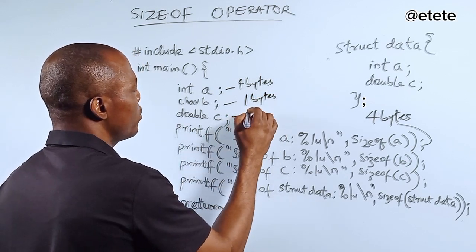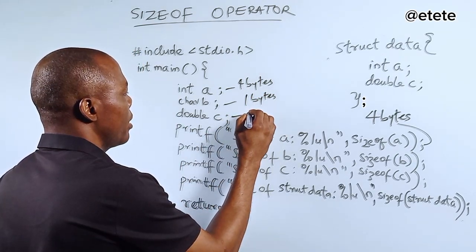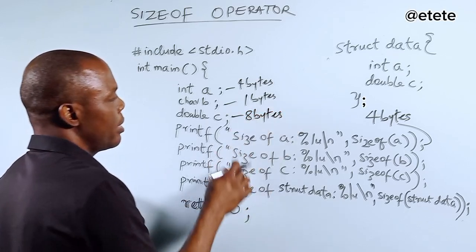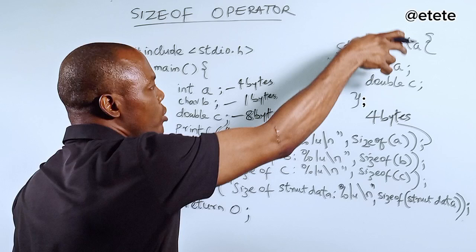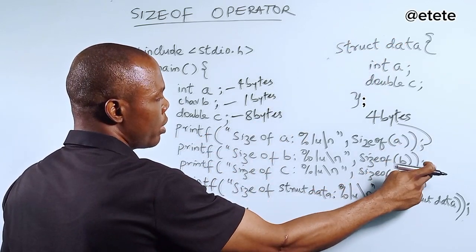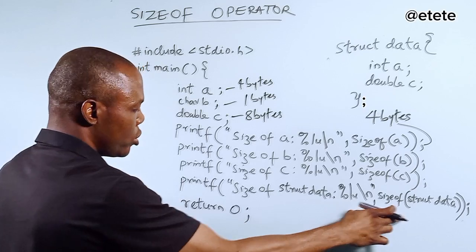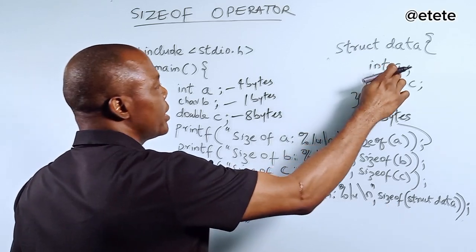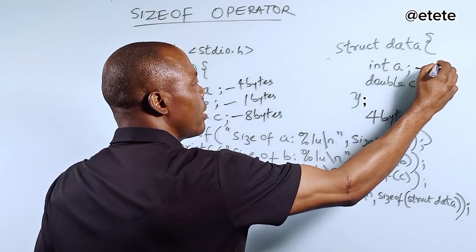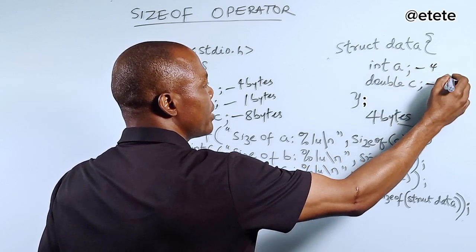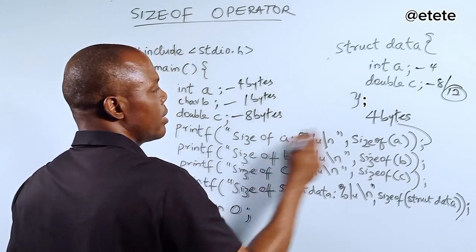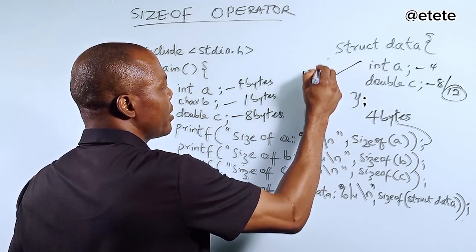Then this double will give me 8 bytes on my system, right? Now, this struct: this one will give me 4, this one will give me 1, this one will give me 8. It's going to add them up. So integer is 4 bytes, this one is 8 bytes, so this one will give me 12 bytes, right?